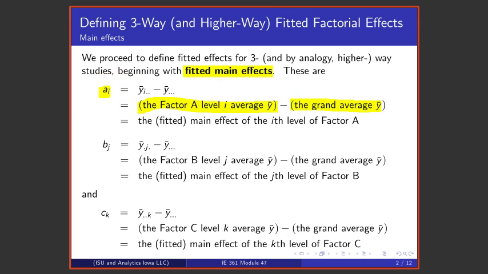So the fitted main effect of factor A at level I is going to be the y bar average at that level of factor A minus the grand average. Corresponding factor B fitted effect at level J is going to be the average y bar for that level of factor B minus the grand average, and something similar for factor C.